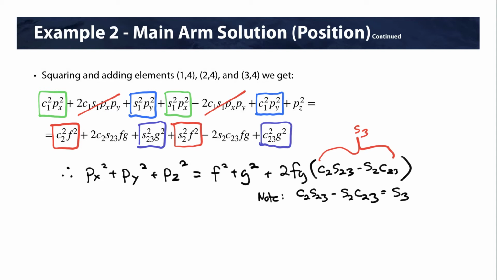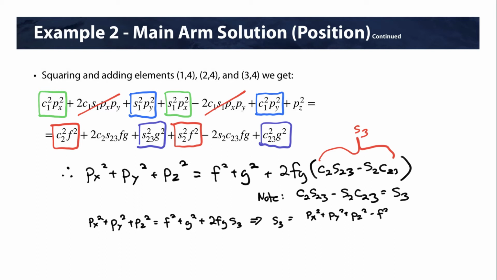So we can write that out. We have px squared plus py squared plus pz squared is equal to f squared plus g squared plus 2fg s3. Solve for s3, and we'll have s3 equals px squared plus py squared plus pz squared minus f squared minus g squared, all over 2fg.